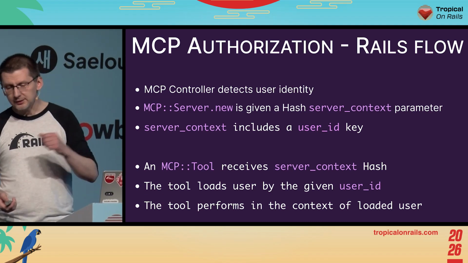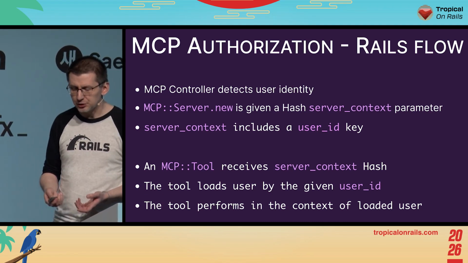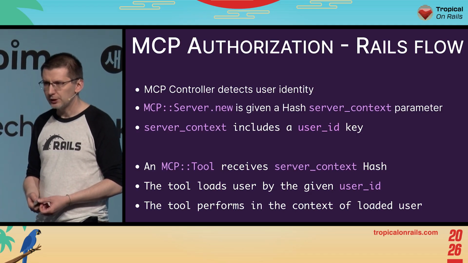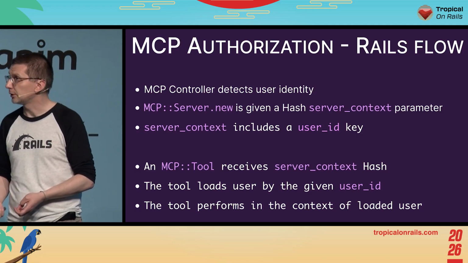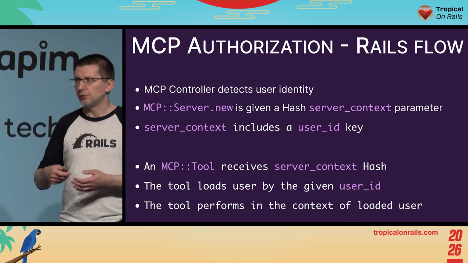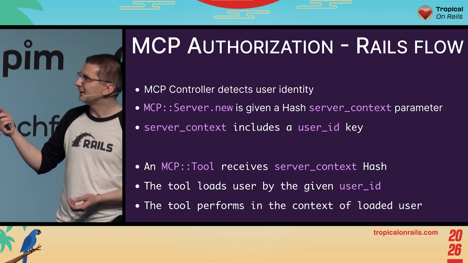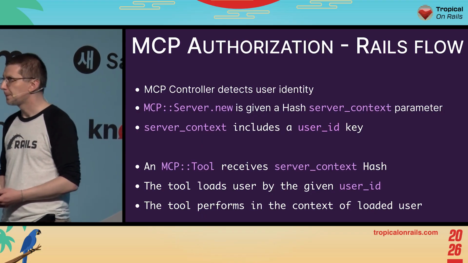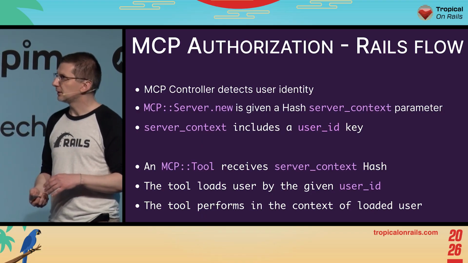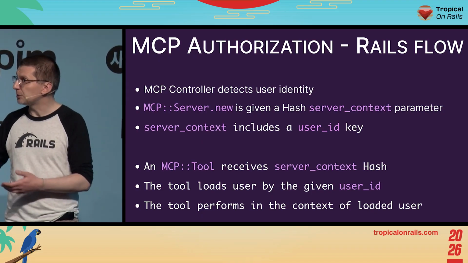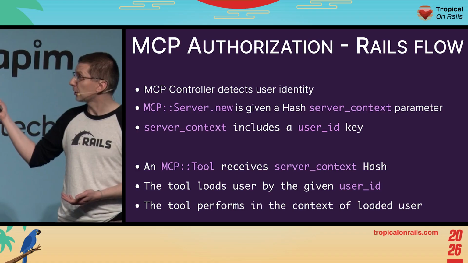Now, again, coming to the MCP authorization from Rails flow, what do we need to do? There is a Rails controller, MCP controller, which, for us to use authorization in this flow, needs to be able to detect user identity. Once MCP controller has this identity detected, it can put that into the MCP server logic using server context parameter.